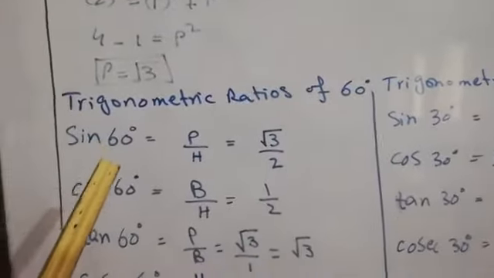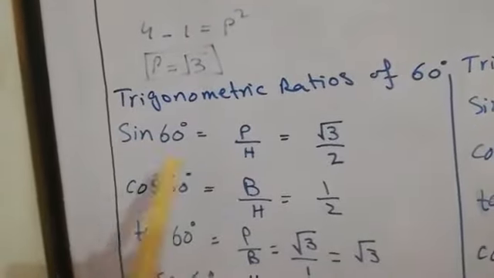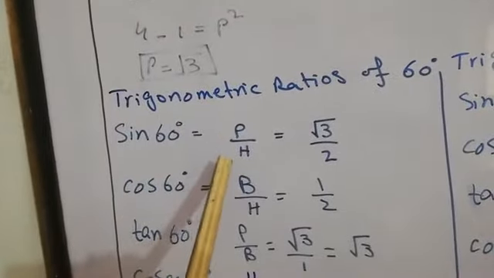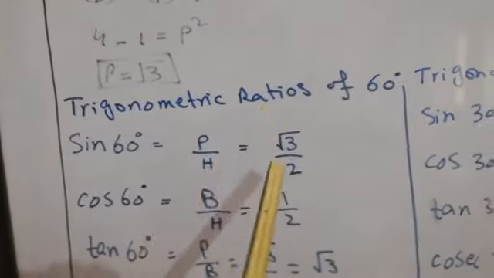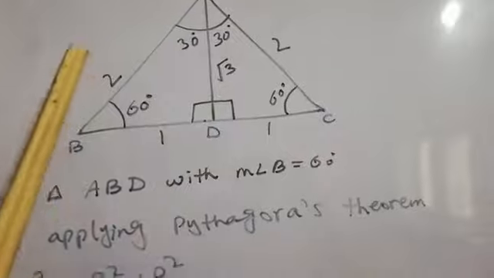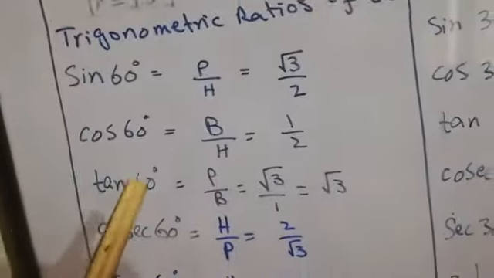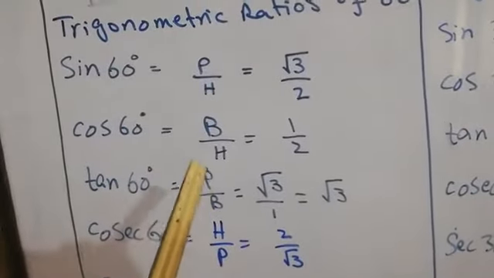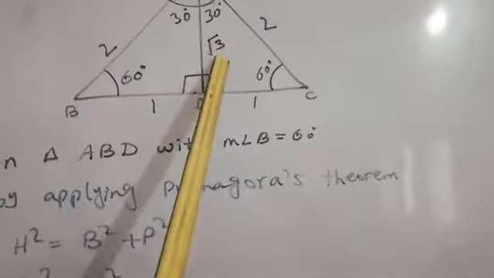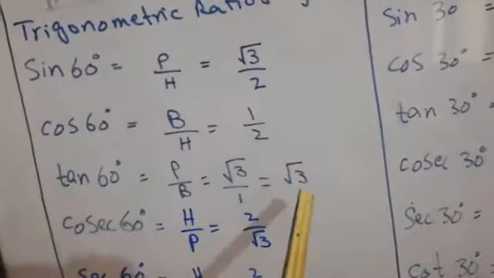Now we will make the trigonometric ratios of 60. Sine 60 is perpendicular over hypotenuse, square root 3 by 2, and cos 60 is base by hypotenuse, meaning 1 by 2, and tan 60 is perpendicular by base, meaning square root 3 by 1, which equals square root 3.